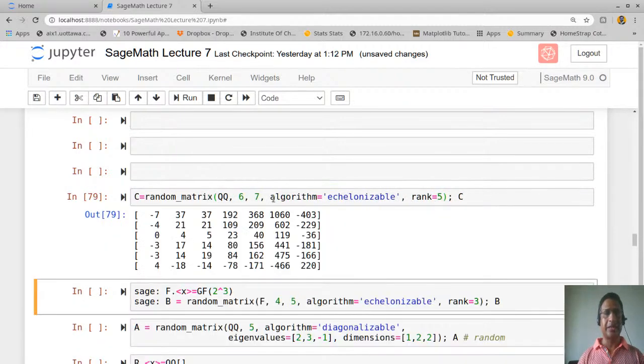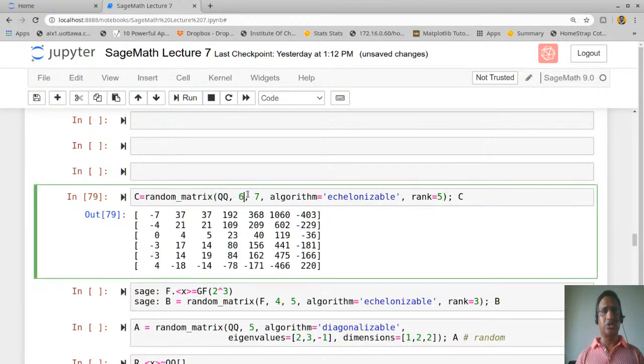This says that you generate a 6 cross 7 random matrix which is in echelon form and has rank 5. This kind of thing is very good if you are teaching and want to generate questions on matrices. Generally we take a lot of time to think of such questions, but here you can very easily generate them.